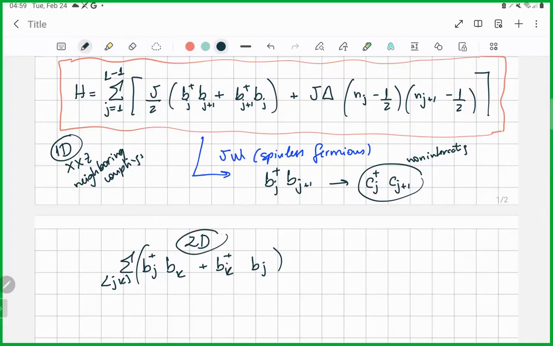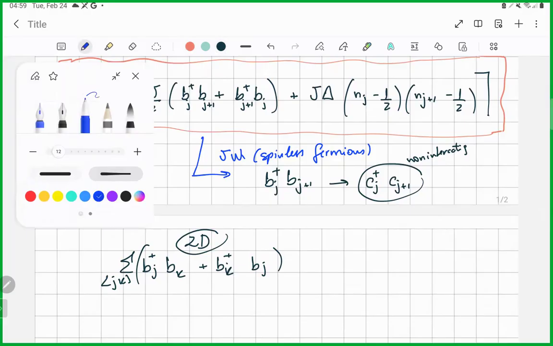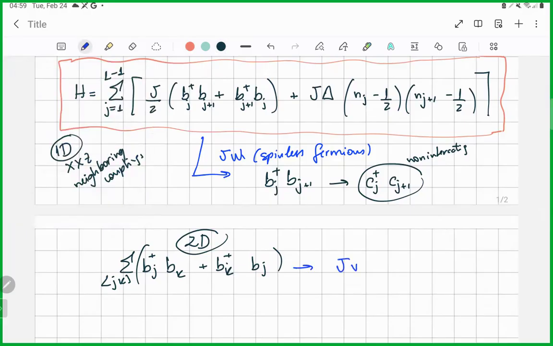But in 2 dimensions, if you do the Jordan-Wigner transformation, you will see that this is a very complicated Hamiltonian. It's not just bilinear. It's not non-interacting in spinless fermions. Okay, so you will see that this is a more complicated term. Okay, all that to say, hardcore bosons are very special.